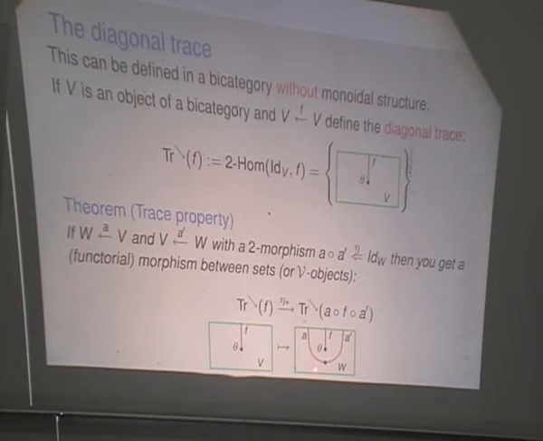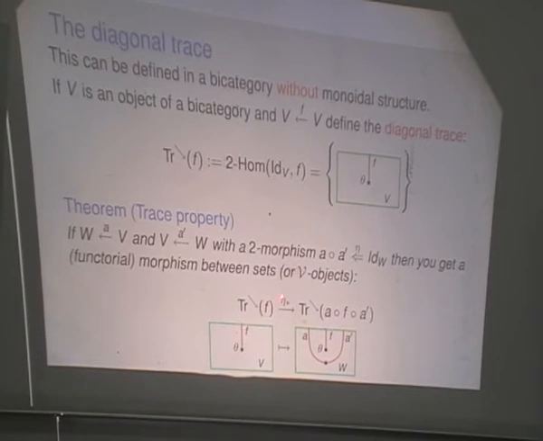This is the thing that's going from the identity on W to A prime composed with A. So we get a two morphism from this trace. Sorry, no, we don't get a two morphism. These are sets. What we get is a set map from the set here to the set there, which is just composing with this two morphism.